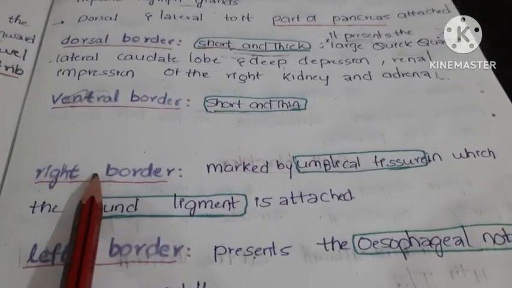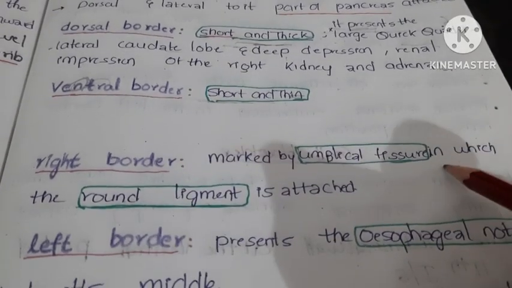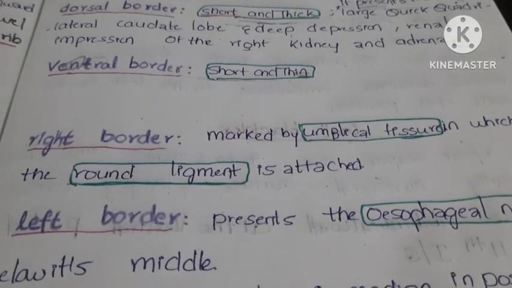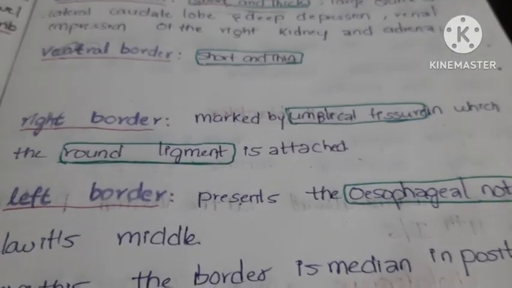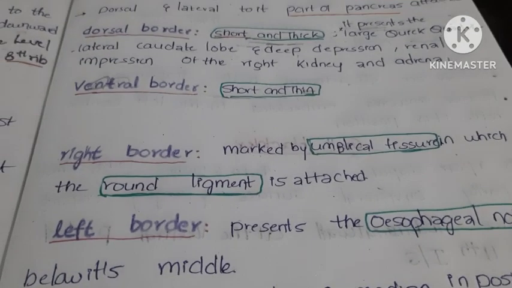Next we discuss the right border. The right border is marked by the umbilical fissure, in which the round ligament is attached.